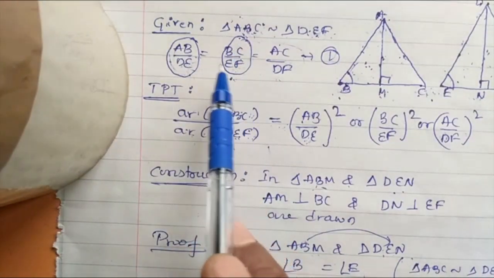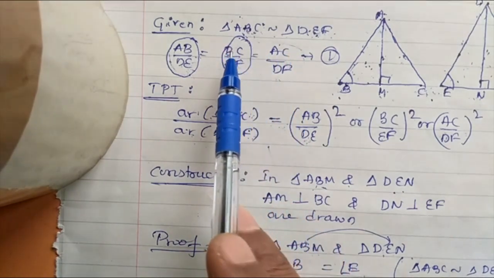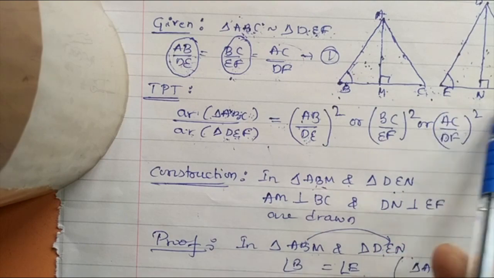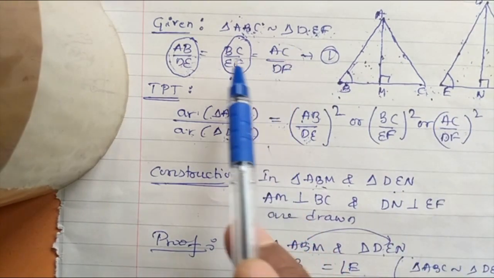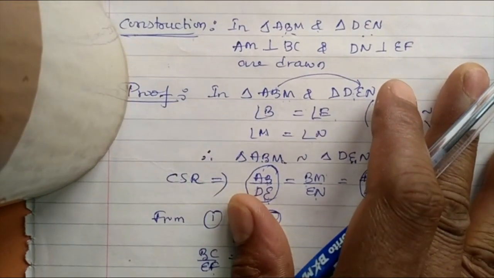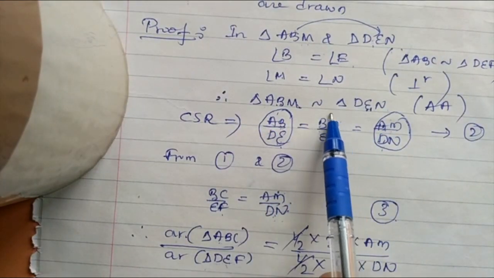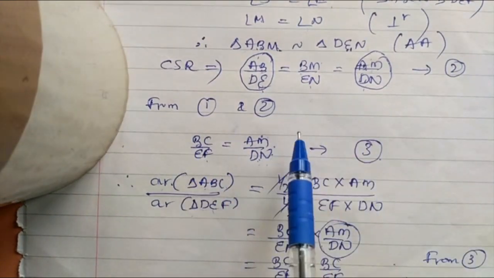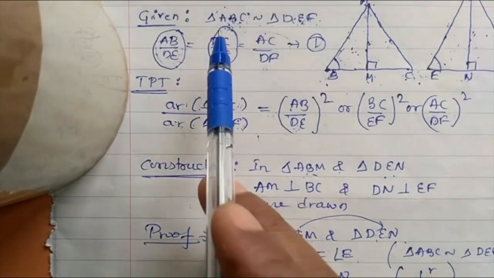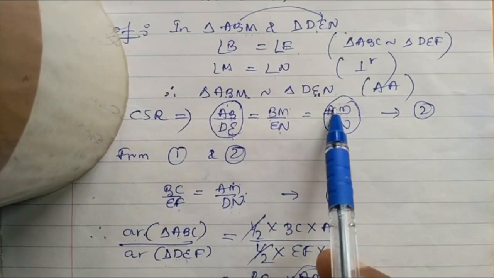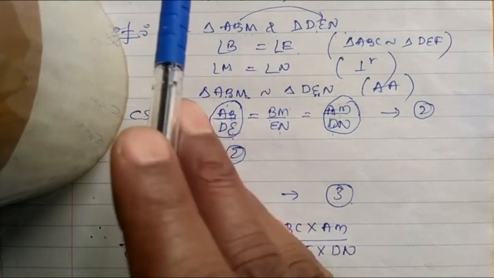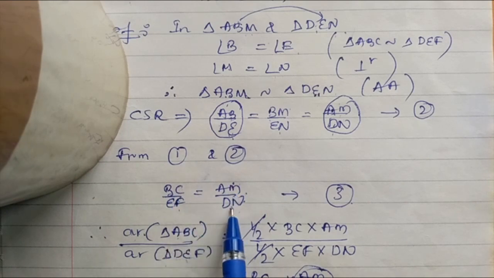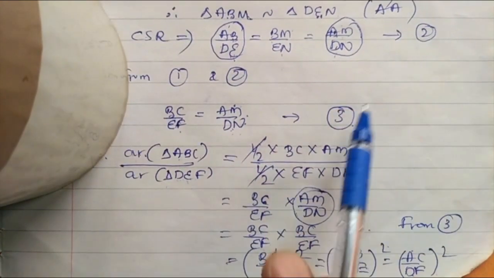It is also equal to one more ratio, but I chose only this because BC and EF are bases, while AC and DF are not. I chose this because AM and DN are heights. When we use the half into BH method, we need base and height: the base we get here, the height we get here. So AB by DE is common for both equations 1 and 2, and BC by EF and AM by DN become equal. Mark it as equation 3.